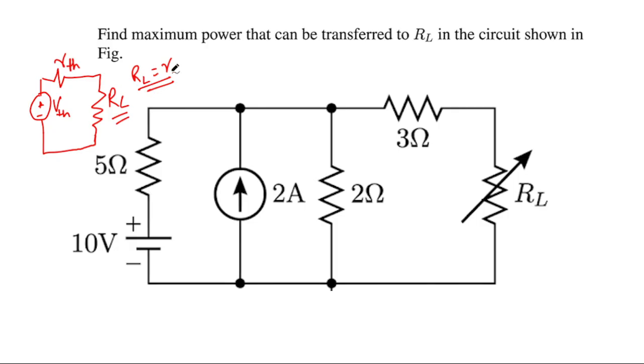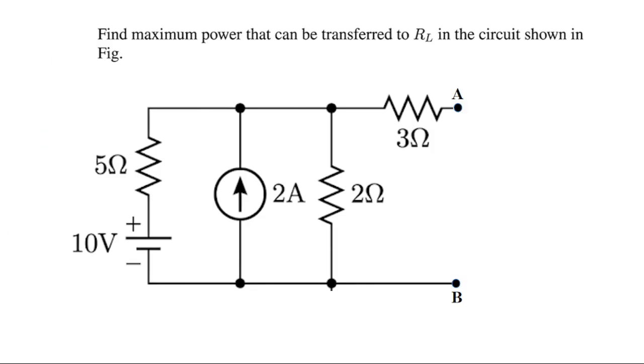When RL becomes equal to the RTH, the power transfer will be the maximum. So ultimately, for this circuit, we have to find the Thevenin equivalent. To find it, we will open circuit the load resistance, and find the resistance between these two open points and the voltage between those points.